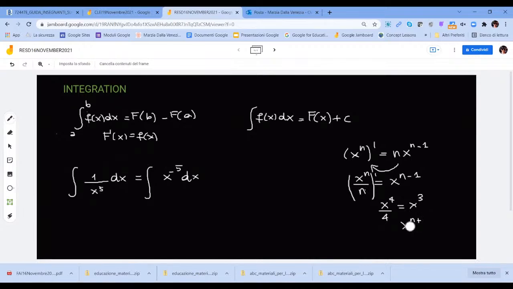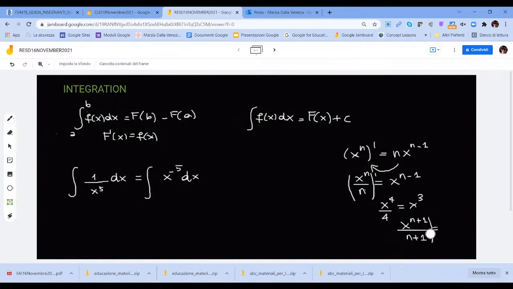I will write with another letter because normally you already have some table for the principal integrals.